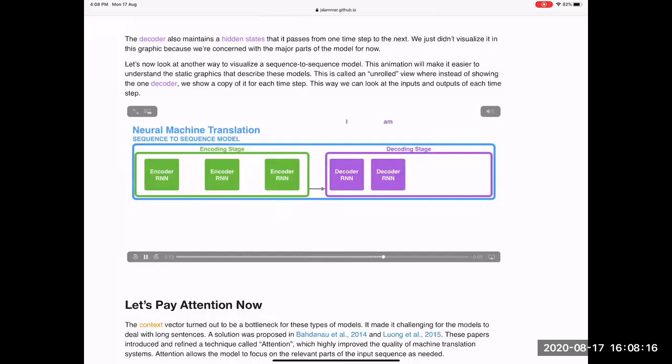The decoder is taking that, and understand that the decoder has taken only one single final hidden state as context, and it is using that context to generate I. Then the next time step generated am, using the same context.